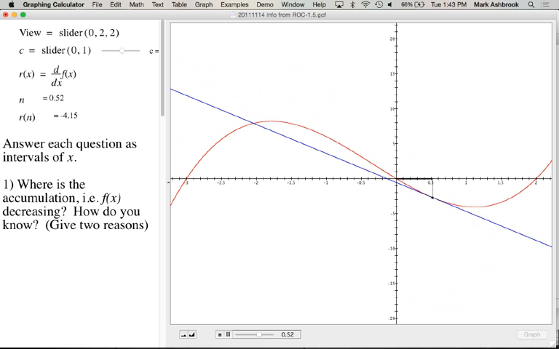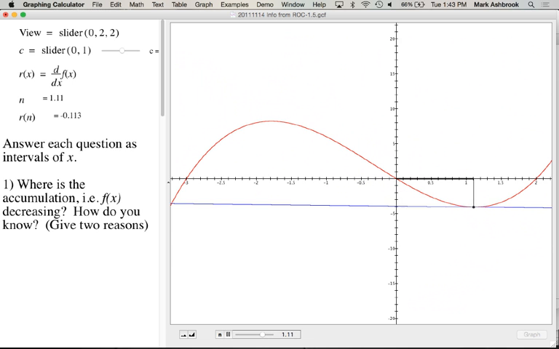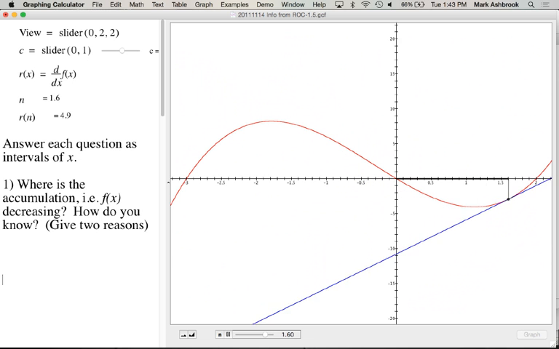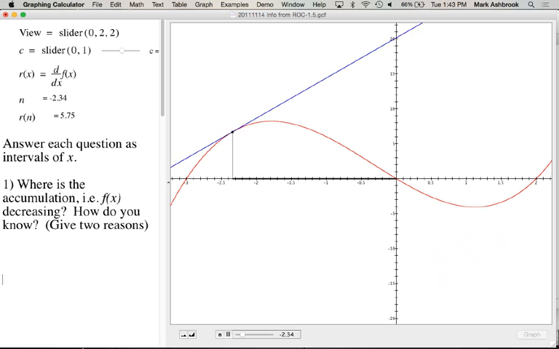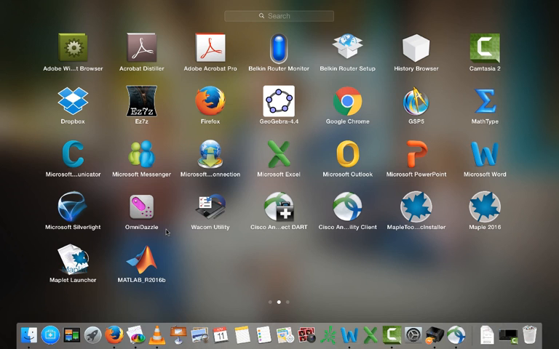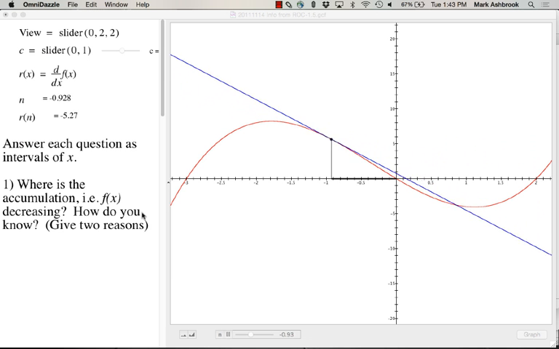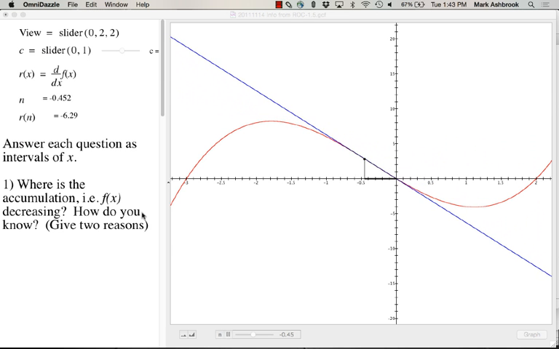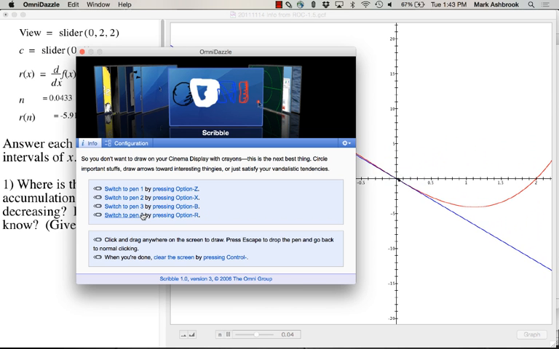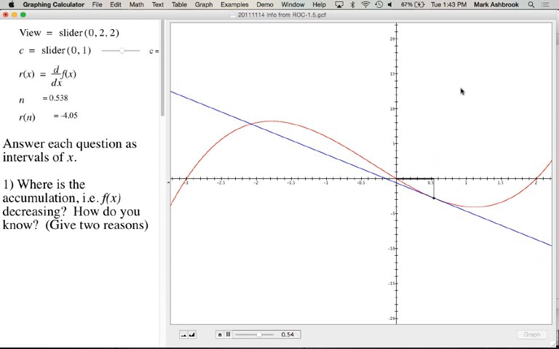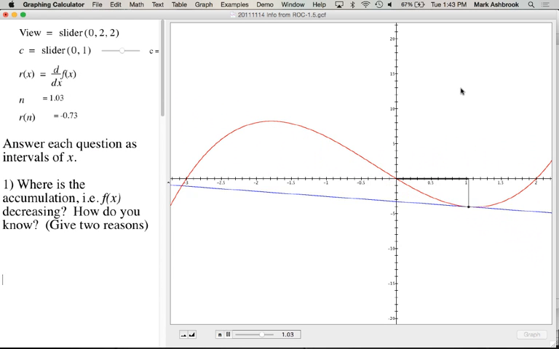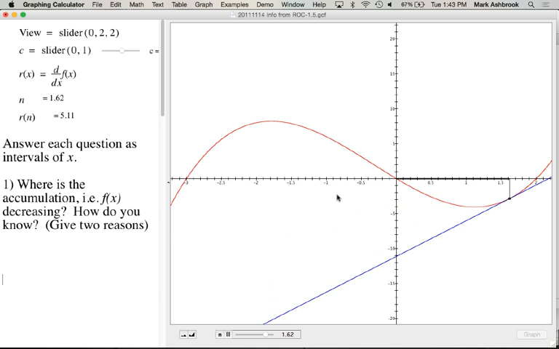Okay, so about negative 1.7 to about 1.2? Do you guys agree with what he said? From about negative 1.7 to about 1.2. And so what was one reason you know that?